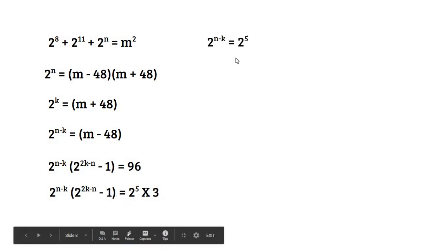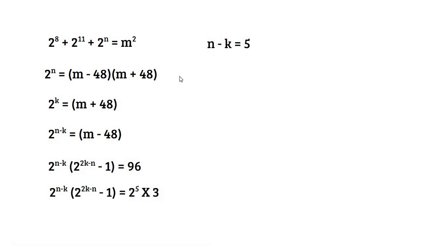We can simplify this further because we know 2 to the n minus k is equal to 2 to the 5th, and n minus k is equal to 5. We have one equation. Then we can use the second factor, 2 to the 2k minus n minus 1 is equal to 3. That means 2 to the 2k minus n is equal to 4, which is 2 squared, so 2k minus n is equal to 2.